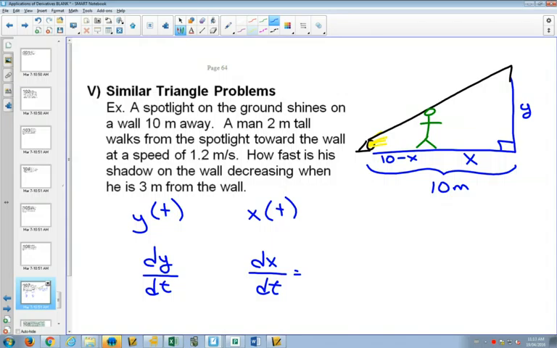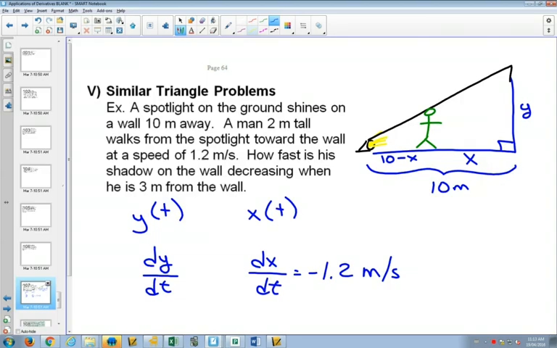Is it getting bigger or is it getting smaller when he's walking at this speed? It's getting smaller. So when we have our dx/dt, we have to write that as a negative 1.2 meters per second. Can you see if you would have put the x at the other spot, then the x would be getting bigger. And so then you would write it as a positive 1.2 meters per second.